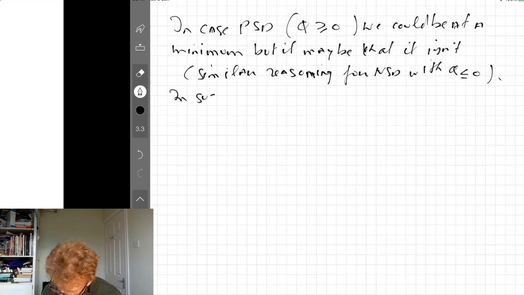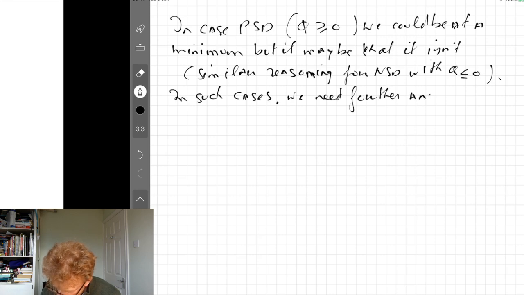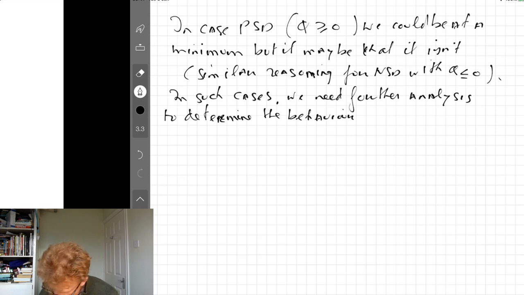In such cases, so PSD or NSD, we need further analysis to determine the behavior, to classify the critical points.